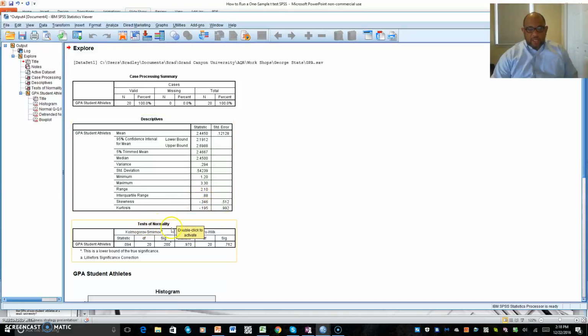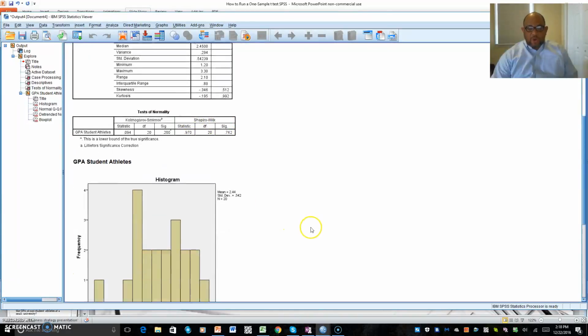So we can go right here and test the normality and the significance here. Both of the significance values are above 0.05. If it was less than 0.05, we would reject it, but we accept the null here, and it's above 0.05, so it's not significant, and that means it's normal.